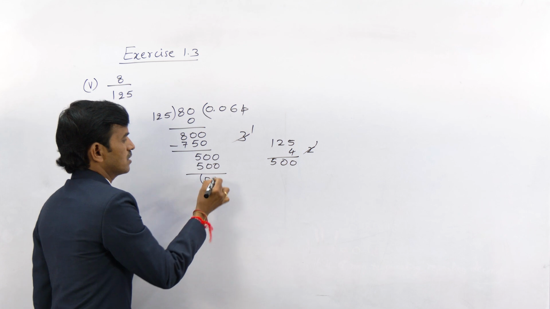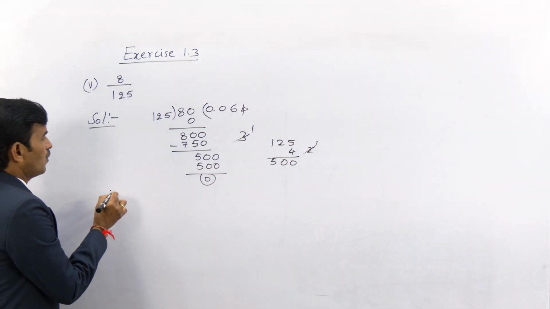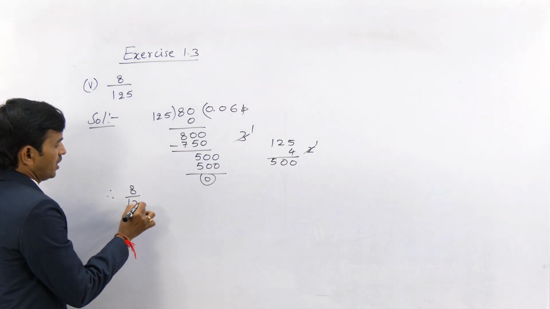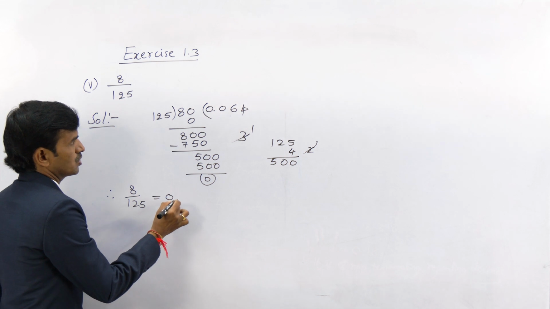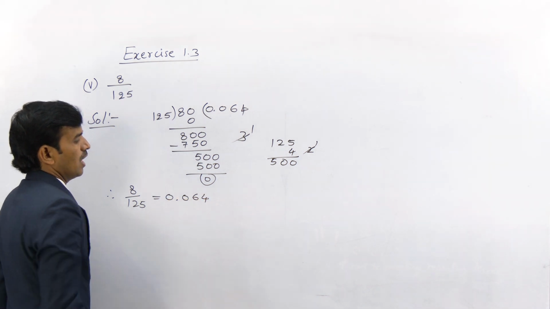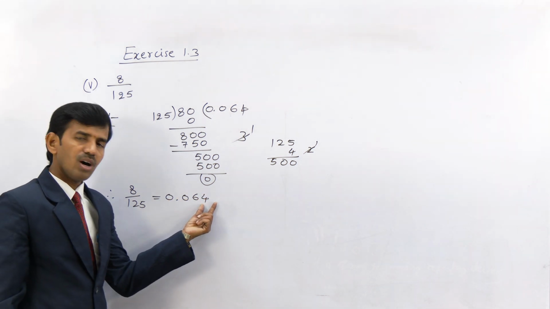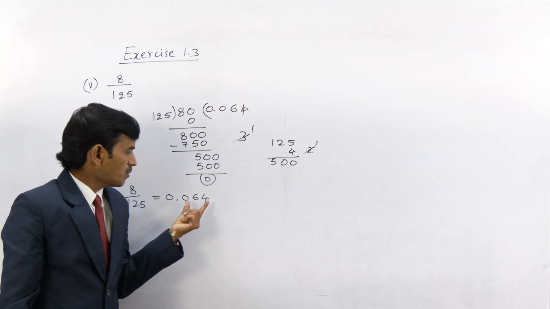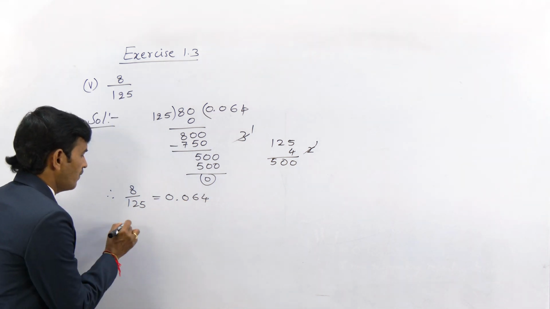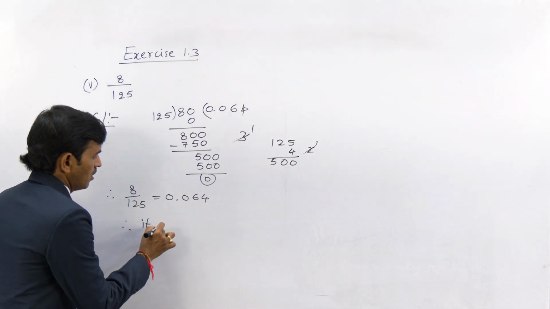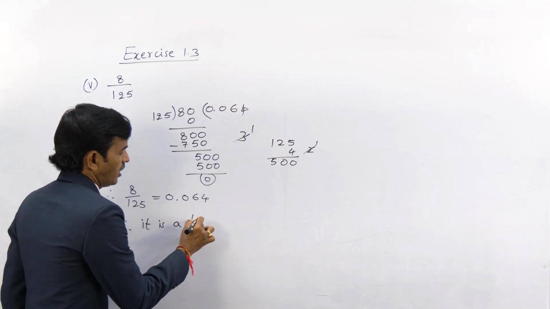Then the remainder is 0. Therefore 8 by 125 is equal to 0.064, where after the decimal point we have a finite number of digits. Therefore we call this a terminating decimal.